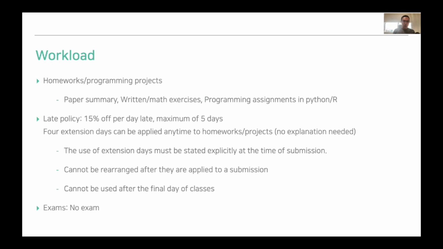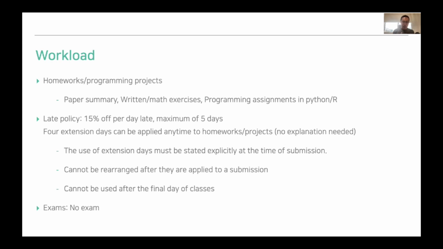So for workload, you have homeworks and programming projects, and I will give you more details whenever we have the homeworks and projects. And the late policy: 50% off per 1 day late, maximum of 5 days, otherwise you get 0 points.